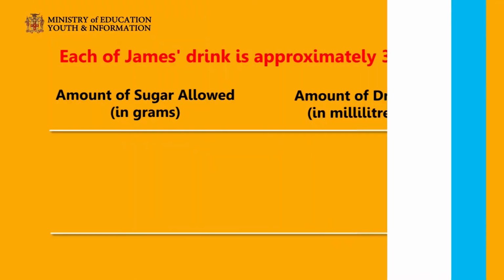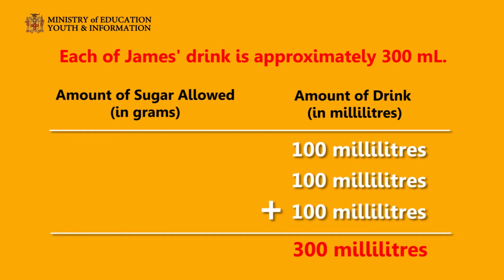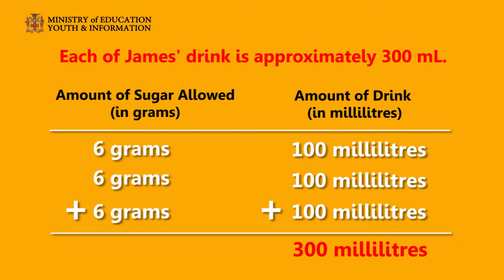So each of my drinks is approximately 300 milliliters. So that's 100 milliliters per drink. That means the amount of sugar allowed for one of my drinks is 3 times 6 grams, or 6 plus 6 plus 6 grams, which is 18 grams.